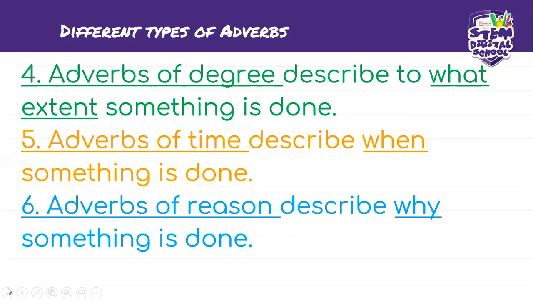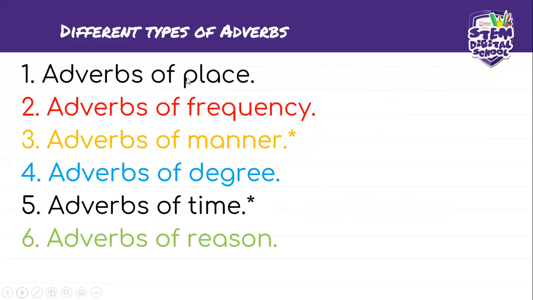Okay, so we can put it this way to make things easier for us. The adverbs of place, it asks the question where, and it answers the where question. The adverbs of frequency, it answers the how often question. The adverbs of manner answers the question how. The adverbs of degree answers the question to what extent.